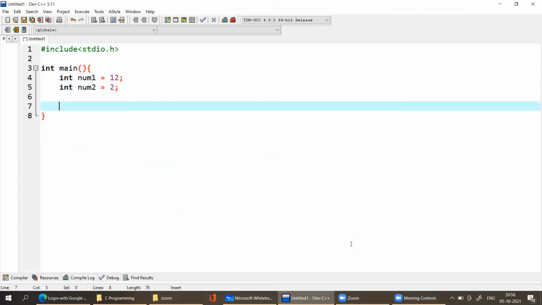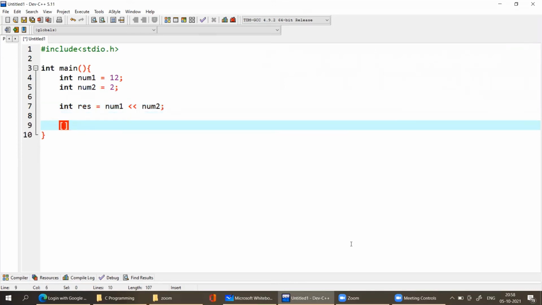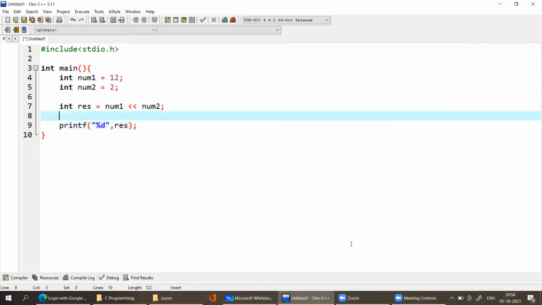Now first I want the left shift: num1 left shift by num2, and let's print the result. printf %d, print the value of the result. So we get the left shift result here.